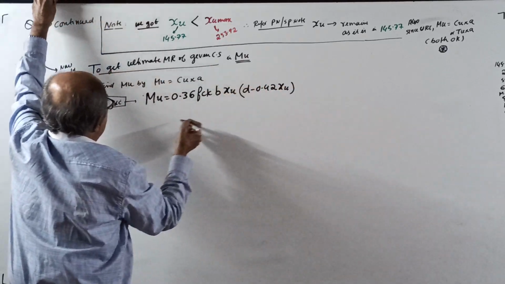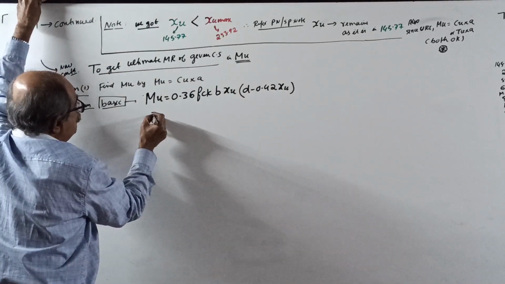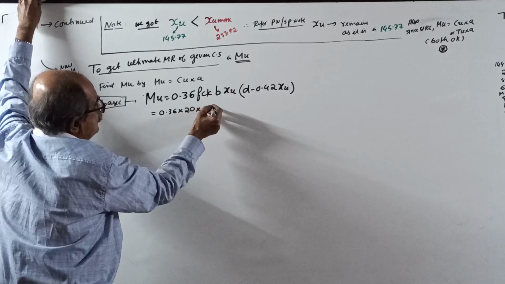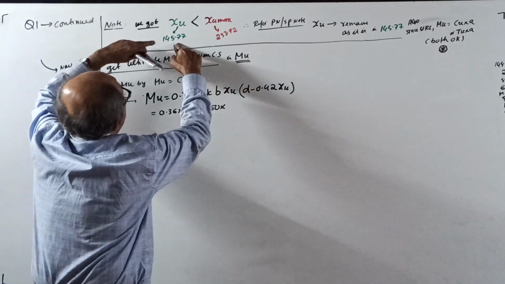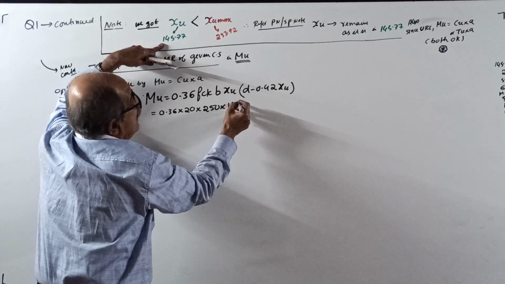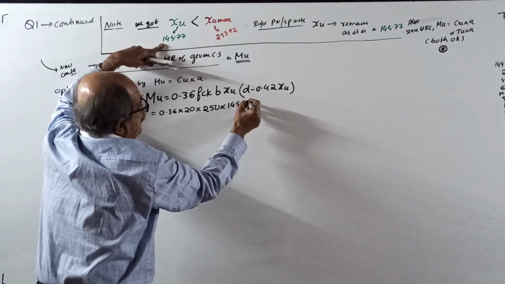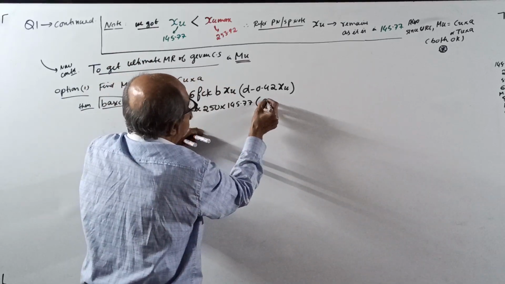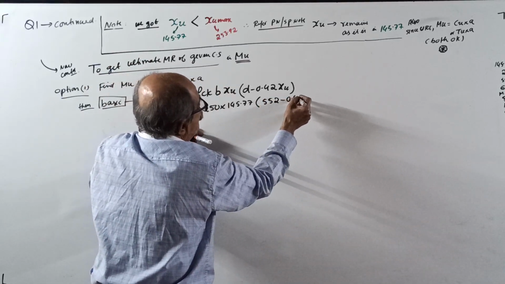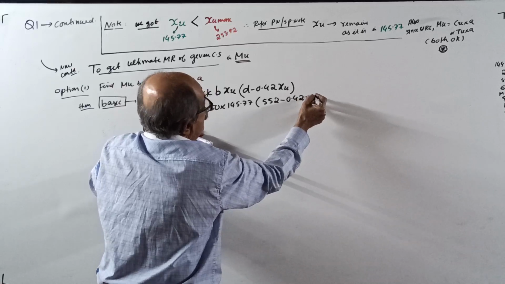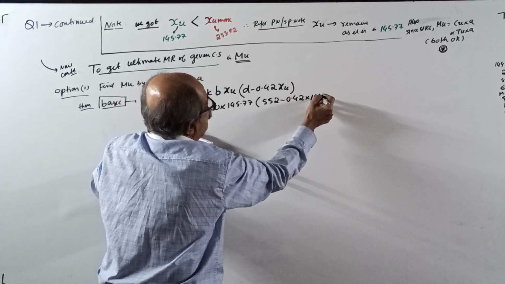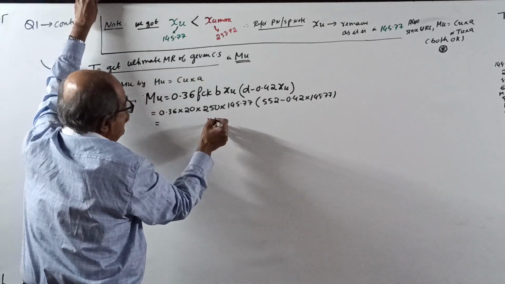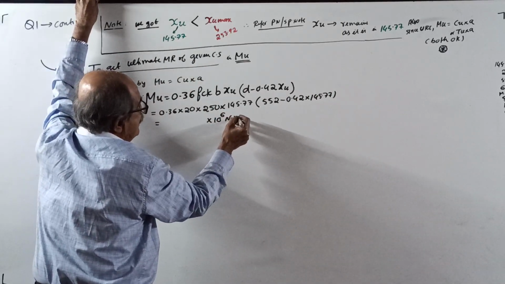This is the basic formula. Substituting 0.36 into FCK 20, B is 250, XU is 145.77, into the bracket D is 552, minus 0.42 into XU, 145.77. Calculate, it will come in 10 to the power 6 Newton millimeter.